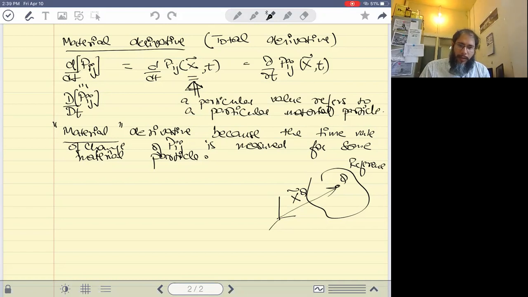Okay, so this is the intuitive and the mathematical meaning of material derivative. Now, many people get confused as to what's the motivation behind having something called a material derivative.